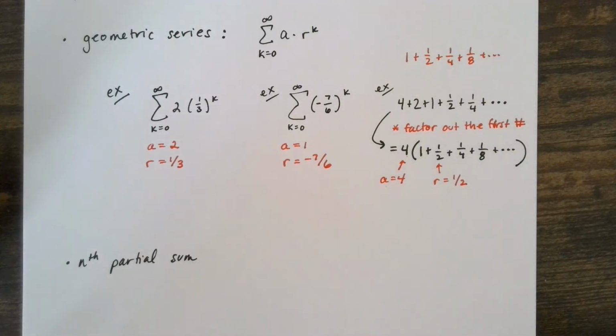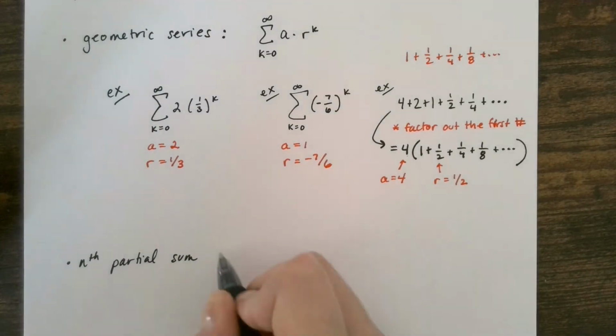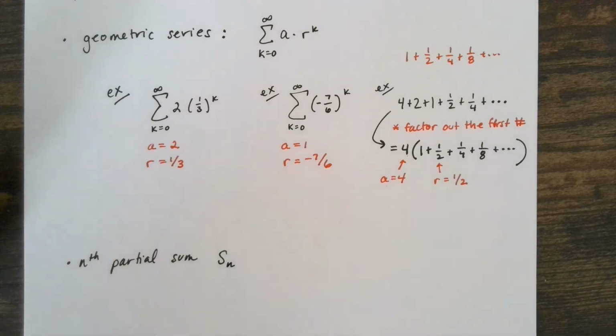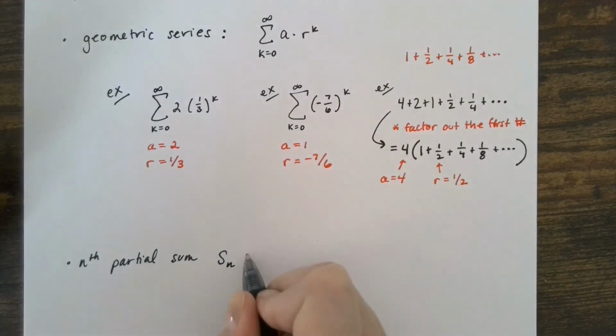So we are studying geometric series because they happen to be a really well-behaved family of series where with a little bit of creativity we can come up with formulas for a random partial sum and the entire sum of the series. All right, so the nth partial sum, we usually call it S sub n for any series, and that's the sum of the first n terms.